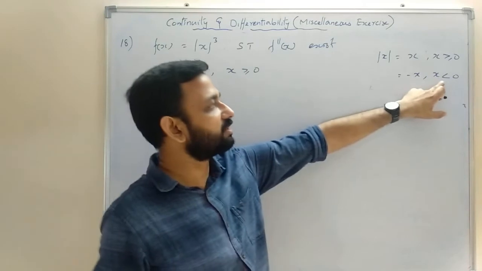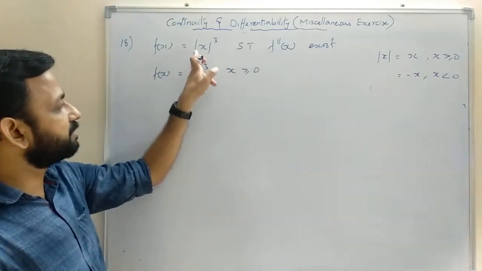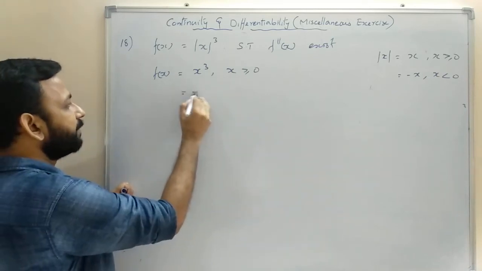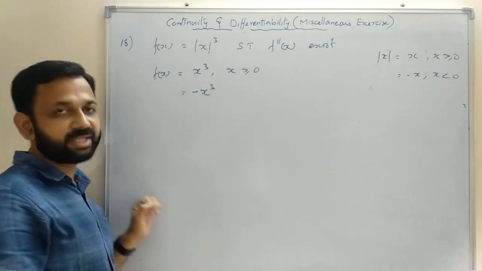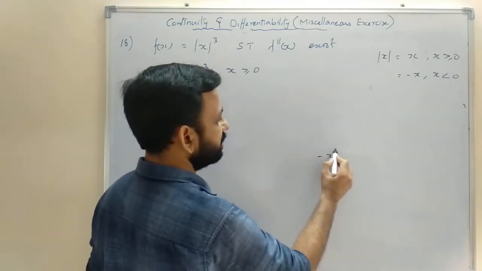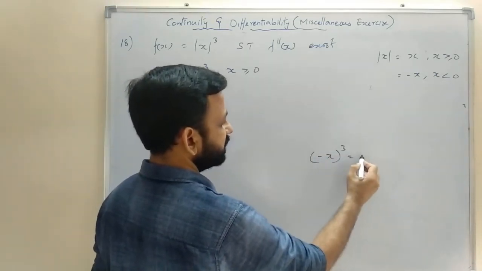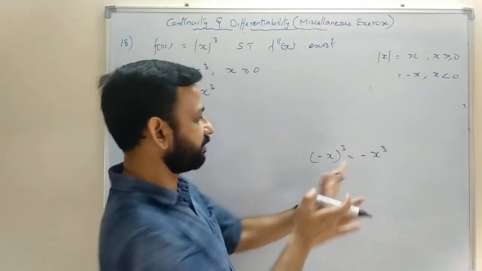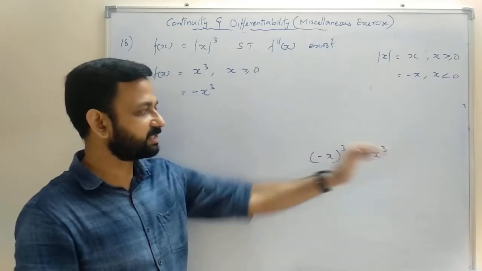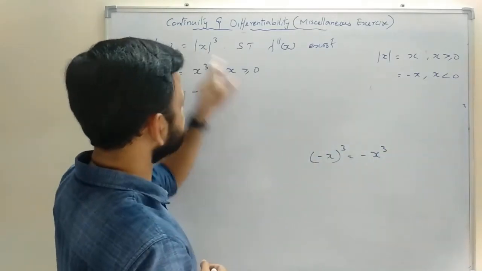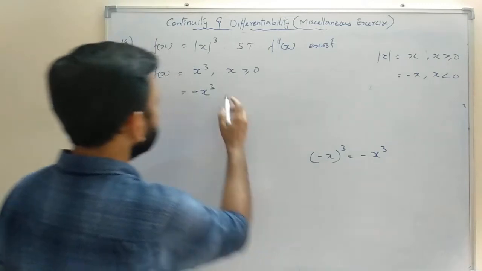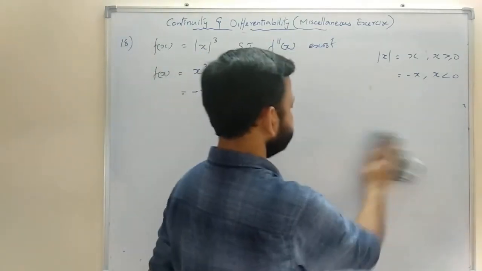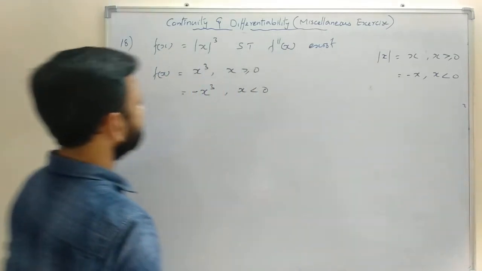And when x is less than 0, modulus of x can be replaced by minus x, so minus x all raised to the power 3 is equal to minus x cube. So when we replace modulus x by minus x, we get this, and here x is less than 0.